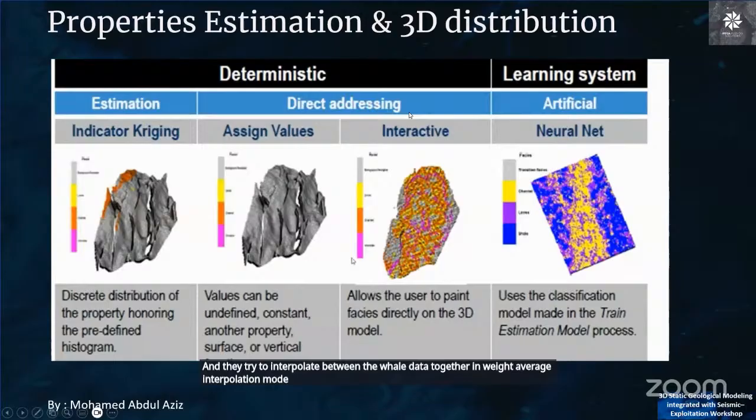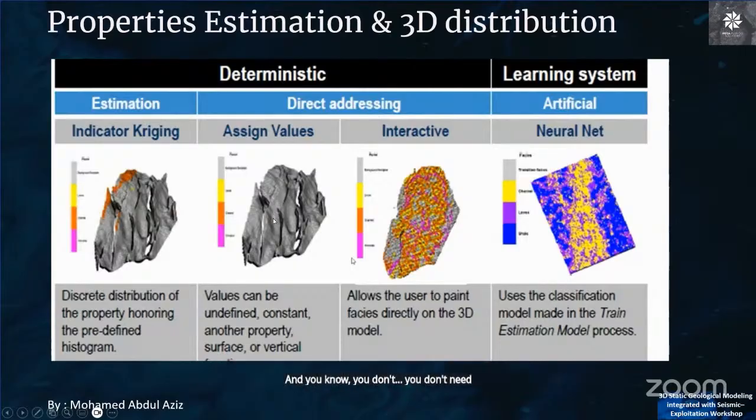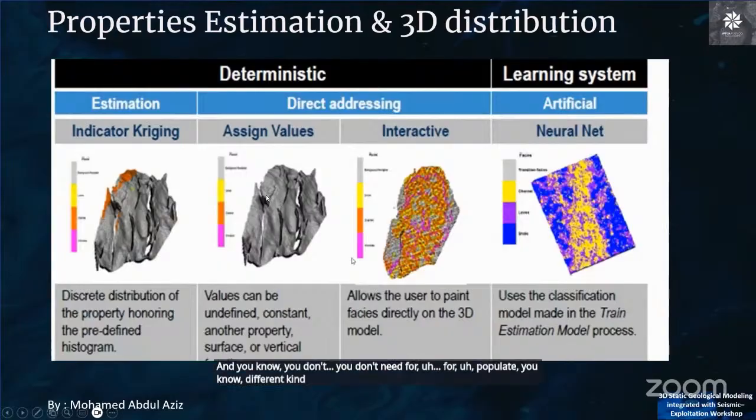Or you can go by direct assignment through assigned values. So if you know the values and you don't need to populate different kinds of facies, for example you have clean sandstones and a big thickness, so you already know the facies, it's a shore-based facies having sand, so you can assign the value.